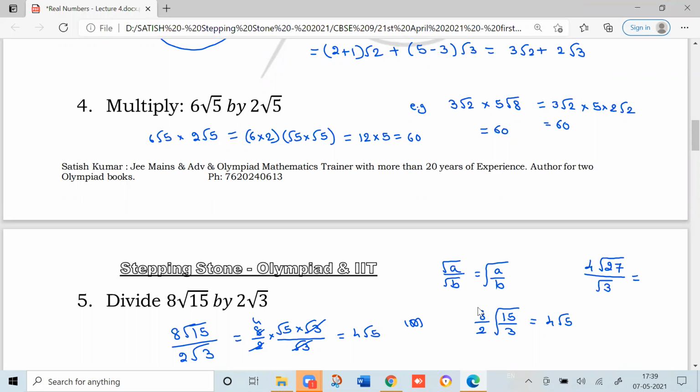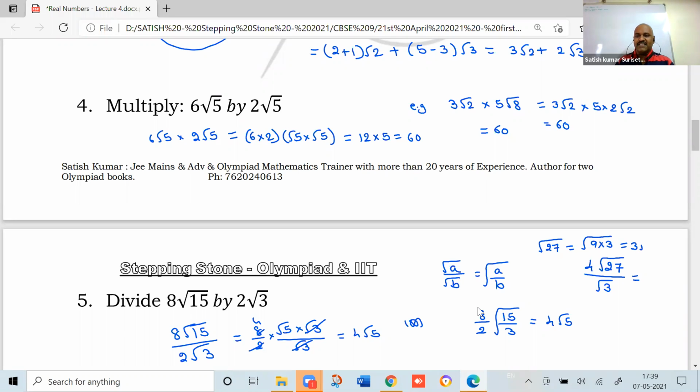Sure. Now try to write root 27 into another form by factorizing the radicand. What is root 27? You can write as root of 9 into 3, can you write? And which is same as what? Root of 9 into root of 3, that is 3 root 3.